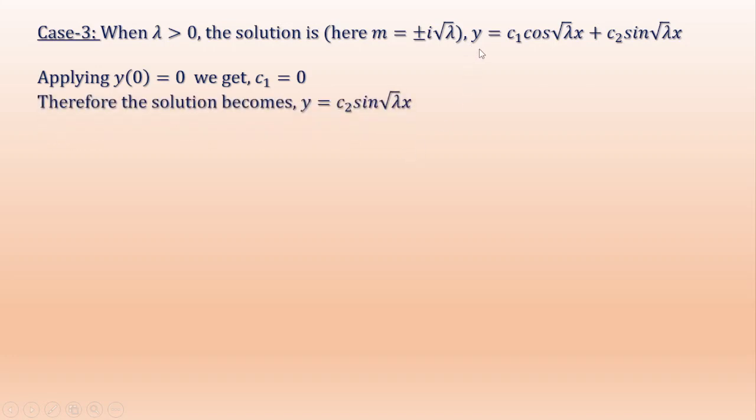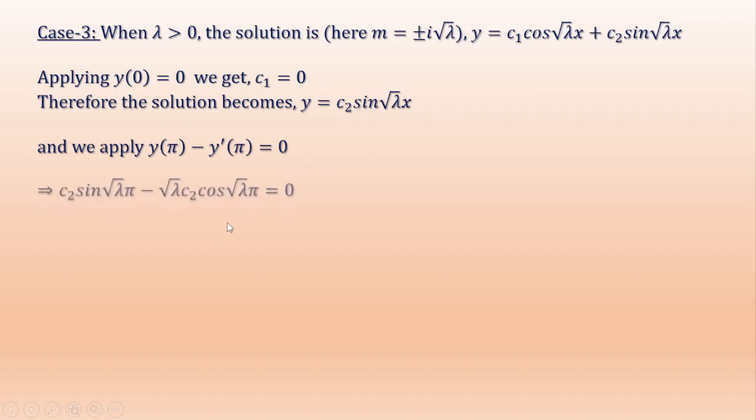So here when c1 is equals to 0, the solution becomes y is equals to c2 sin root over lambda x. And now we apply y(pi) minus y dash(pi) is equals to 0 in this. So what we get here?